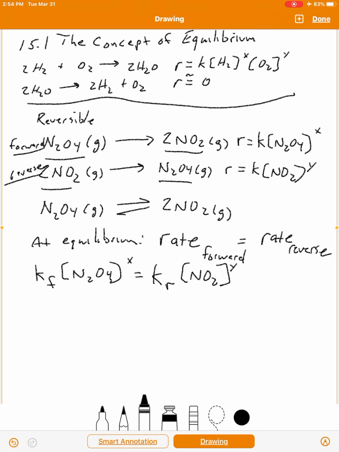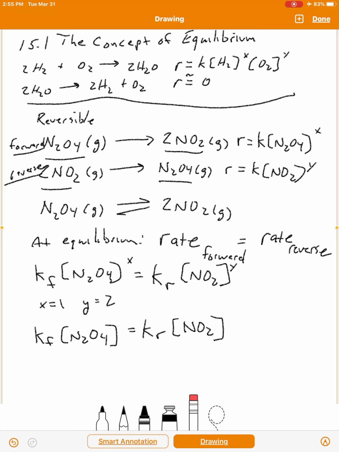Now, suppose it turns out experimentally we find that x is equal to 1 and y is equal to 2. We just figured that out experimentally. Then we could substitute those values of x and y in, and we would have kf times the concentration of N2O4 to the first power equals kr times the concentration of NO2 to the, I'm sorry, meant to make that a 2.